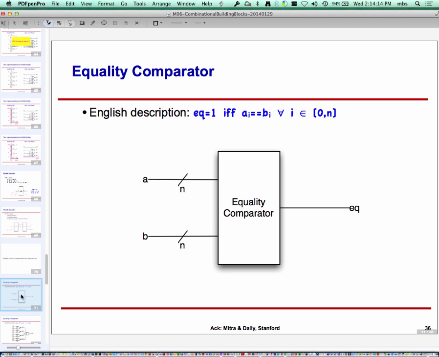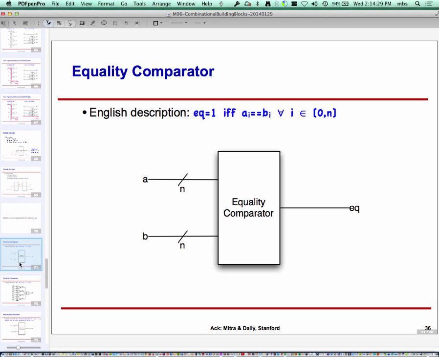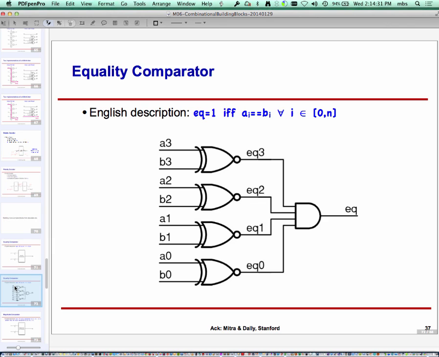For example, if n equals 4, then A may receive 0, 1, 1, 0, and if B also receives 0, 1, 1, 0, then the output should be 1. If B receives anything else, then the output should not be 1. So we want an exact match of the binary string.